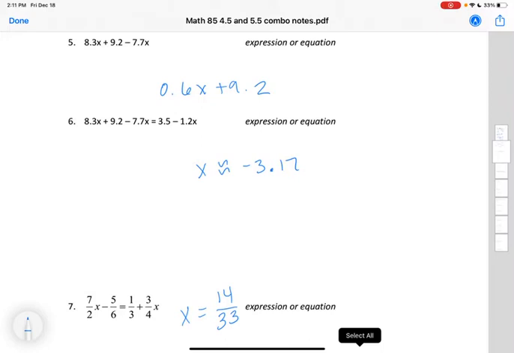All right, so go ahead and hit pause right here. Work through them and come back when you're ready.